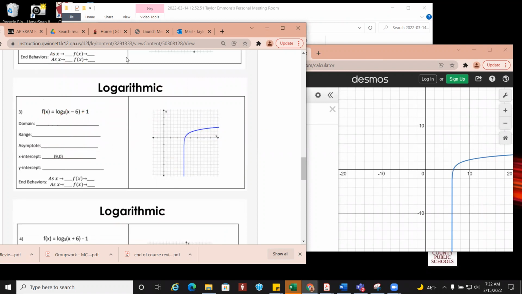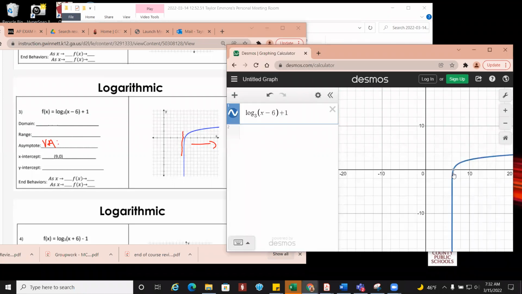All right, so looking at this over here, we've got our domain. Now with logs, we're going to have a vertical asymptote. We're not going to have a horizontal asymptote. So that's one thing that we got to remember. So for our domain, it goes from right here all the way over. Well, what's this value right here? Well, if we're unsure, remember, we can go into Desmos and we can look at where this line is.